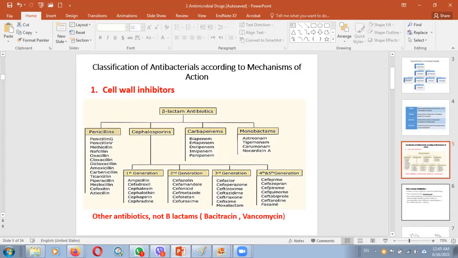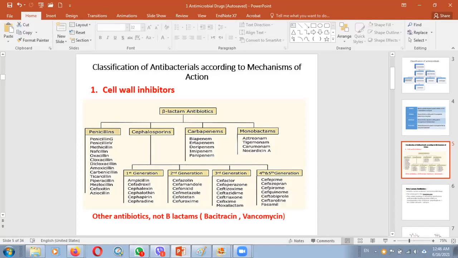The most important group is the beta-lactam antibiotics. Why are they called beta-lactam? Because in the structure there is something called a beta-lactam ring. It has a beta-lactam ring and thus it's called beta-lactam antibiotics, which are divided into penicillins, cephalosporins, carbapenems and monobactams. The cephalosporins are also categorized into first, second, third, fourth and fifth generation, and new generations are still appearing.